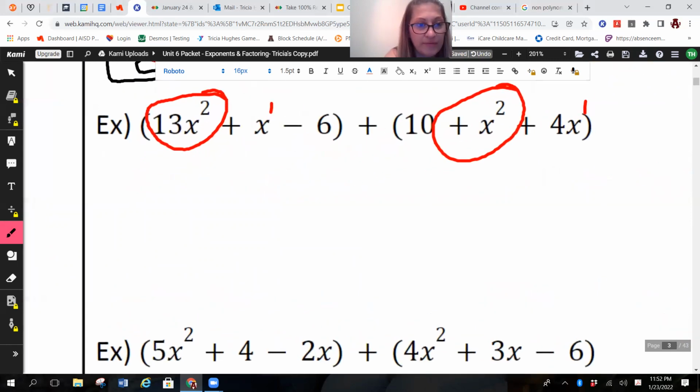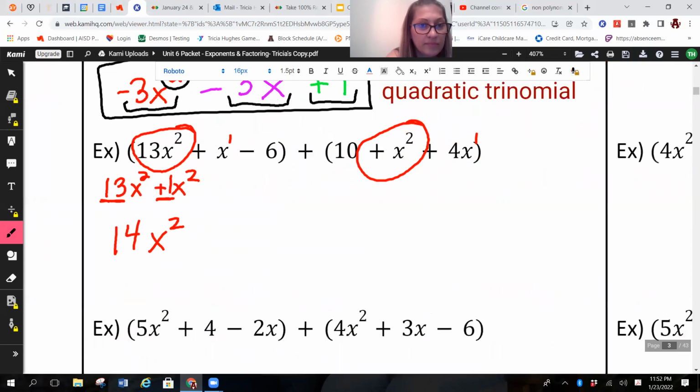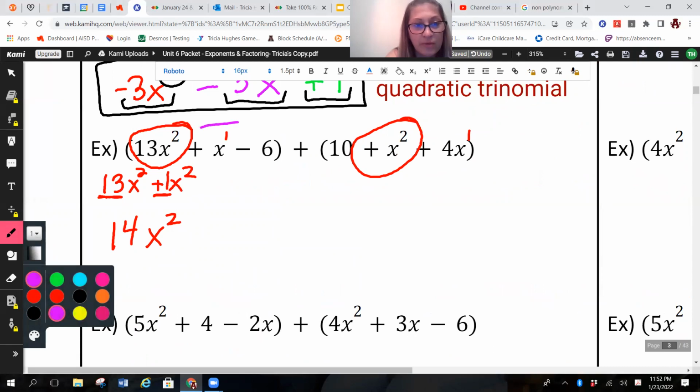So again, we have 13x squared. We're adding an x squared. In my calculator, I would type in 13 plus 1 and get 14x squared. Next, I would add up my x values, which I would be plus x and plus 4x.